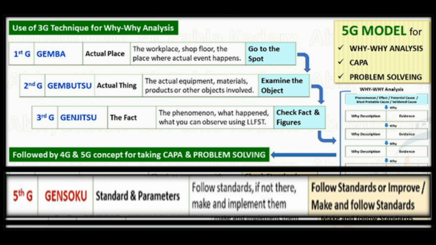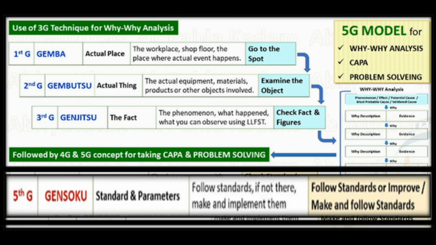So I hope this 5G model will work for you for analysis of any problem and getting the root cause of any problem. You can use this model based on the 5 different pillars and steps. There are two segments in it.